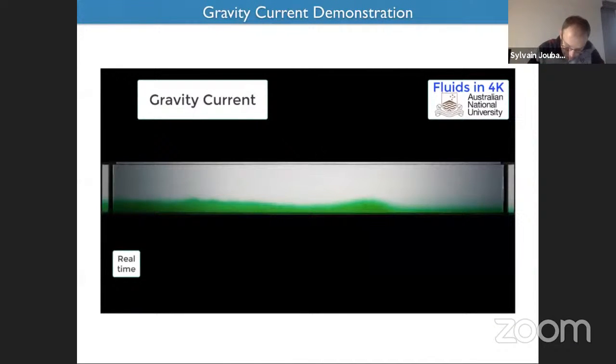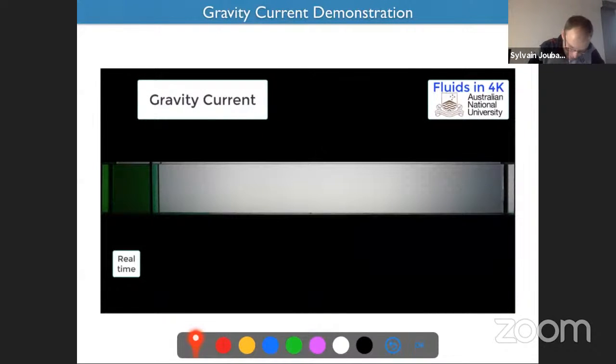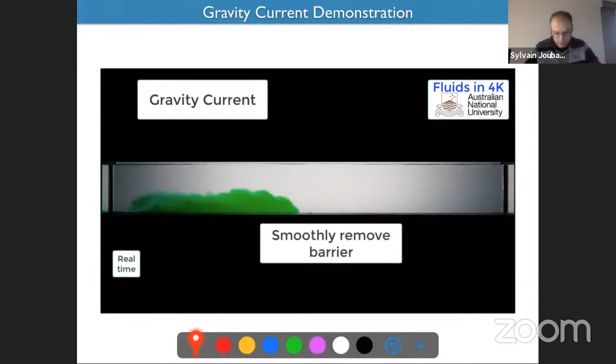If I play this movie again and you look carefully, you can see some wave breaking here, which induces mixing.